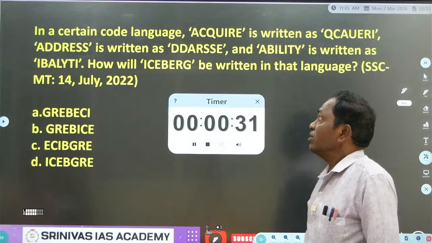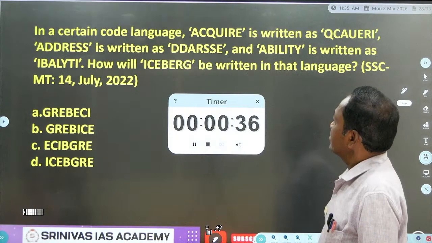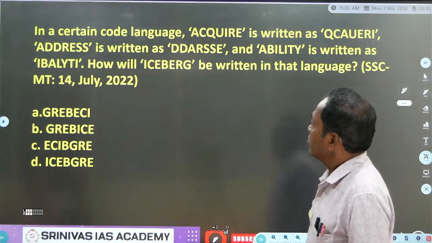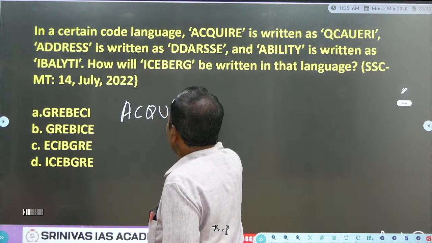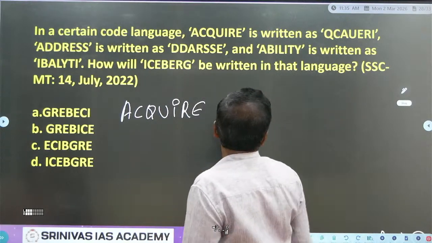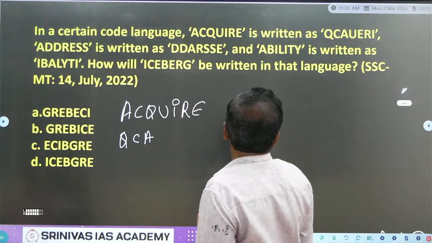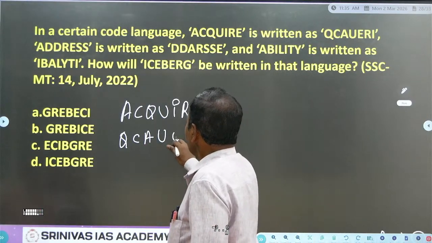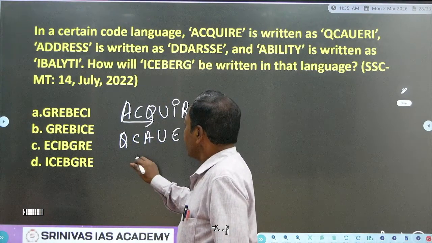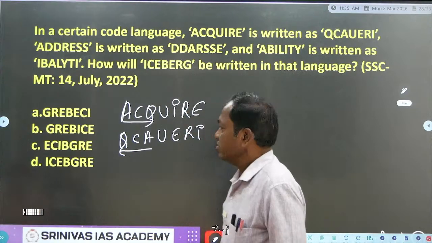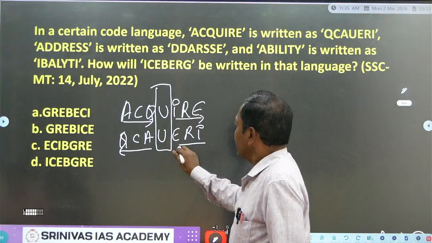Reverse the first three letters: ACQ becomes QCA. The middle term UE stays the same. The last three letters IRE are written as ERI.